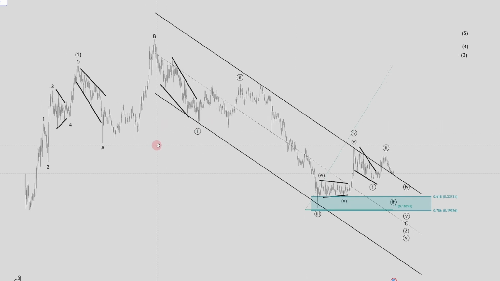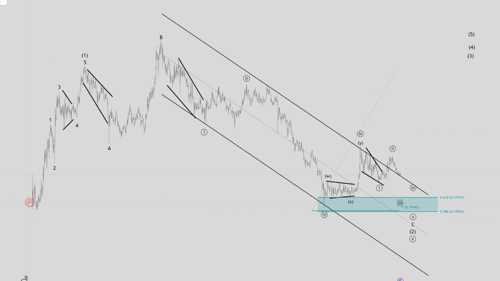So starting from the beginning, it seems that we have an impulse wave here, and here a triangle as wave 4, which alternates with this very sharp wave 2, and then 5 to complete wave 1. So this is very clear.